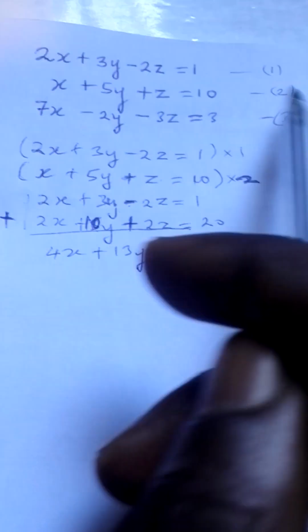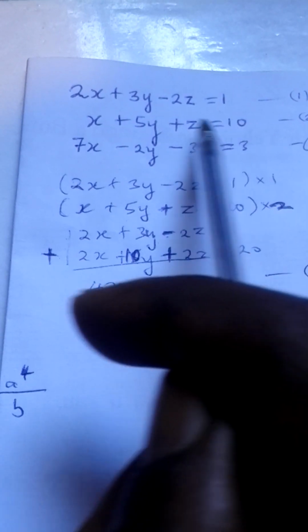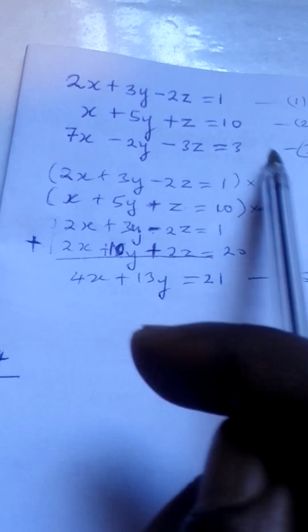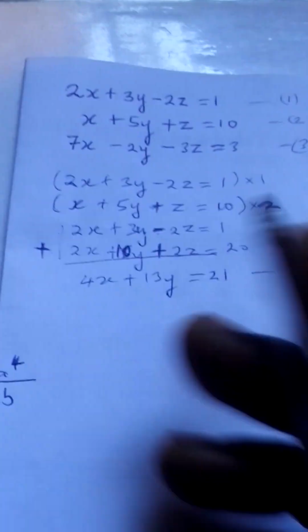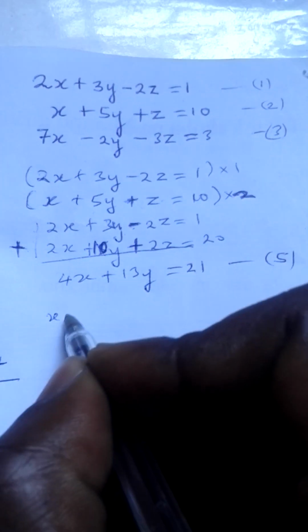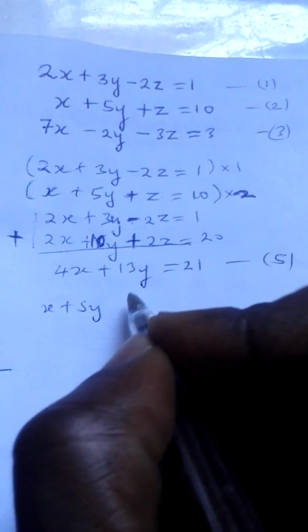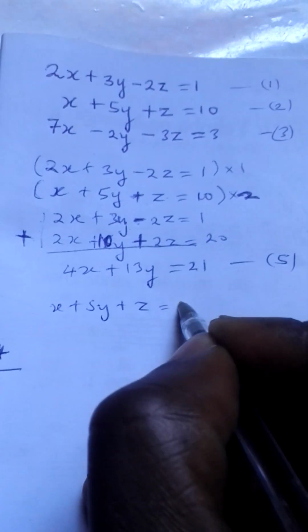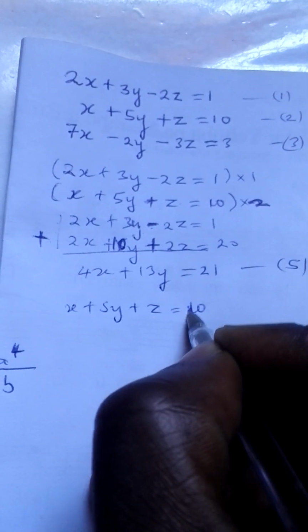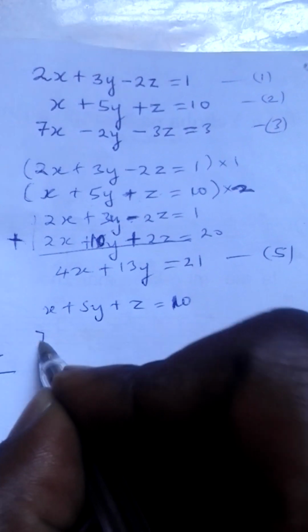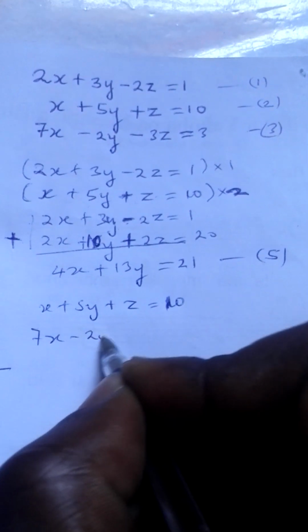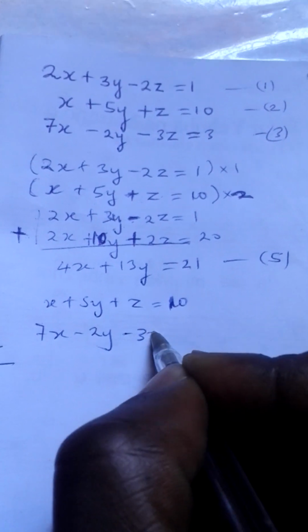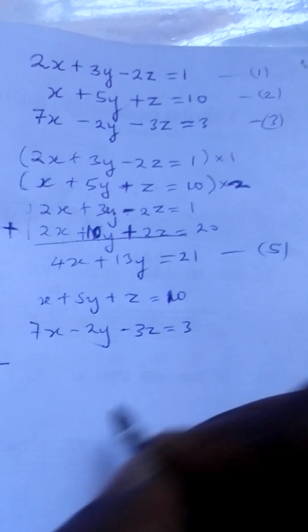So in my case, I'm going to choose equation 2, the one I used, and equation 3, which I never used. So x plus 5y plus z equals 10, and 7x minus 2y minus 3z equals 3.